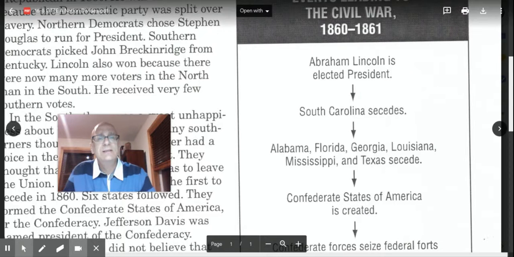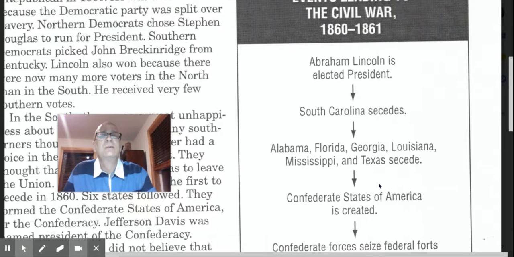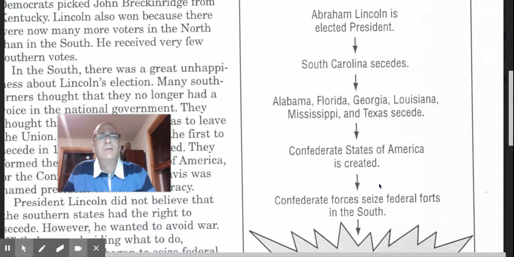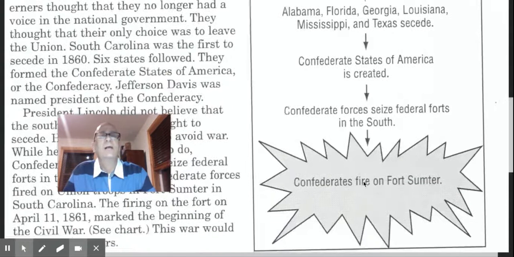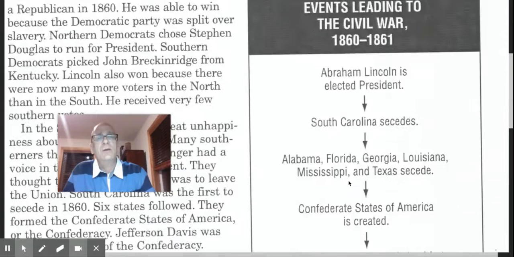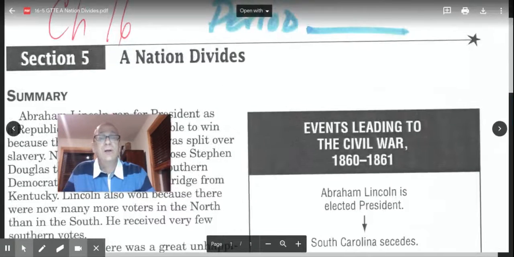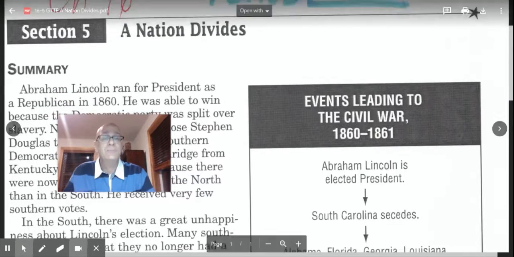Those 7 states will form the Confederate States of America with Jefferson Davis as president. And the Confederate forces on April 11th are going to seize federal forts in the South with the firing on Fort Sumter off the coast of Charleston. That's the chart on the events leading up to the Civil War.